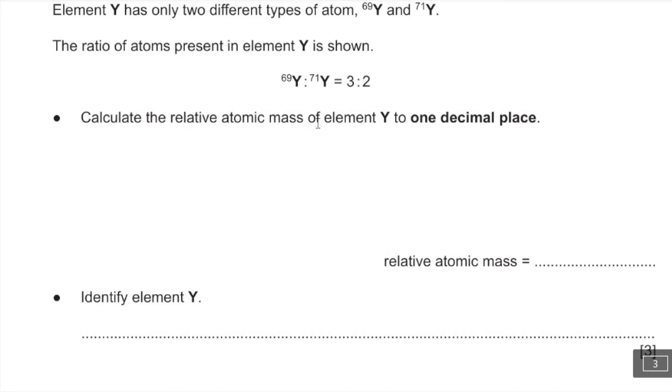Calculate the relative atomic mass of element Y to 1 decimal place. Alright, so otherwise what we would have done to calculate relative atomic mass from isotopic mass is we would multiply the isotopic mass with their percentage composition. But since here we don't have the percentage, we'll instead multiply by the ratio which is given.